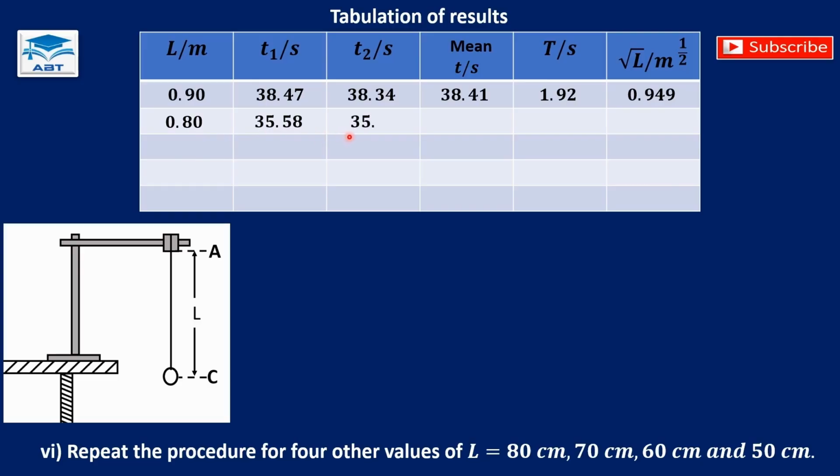Determine another time for 20 oscillations. Find the mean, evaluate the period, and evaluate the square root of the length. And we repeat it for 70 centimeters, which is 0.70 meters, 60 centimeters, which is 0.60 meters, and 50 centimeters, which is 0.50 meters, and tabulate the results.